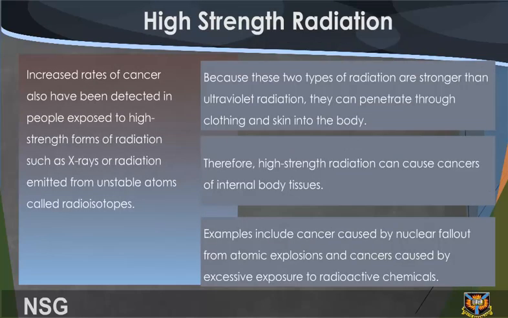High-strength radiation. Increased rates of cancer also have been detected in people exposed to high-strength forms of radiation, such as X-rays or radiation emitted from unstable atoms called radioisotopes. Because these two types of radiation are stronger than ultraviolet radiation, they can penetrate through clothing and skin into the body.